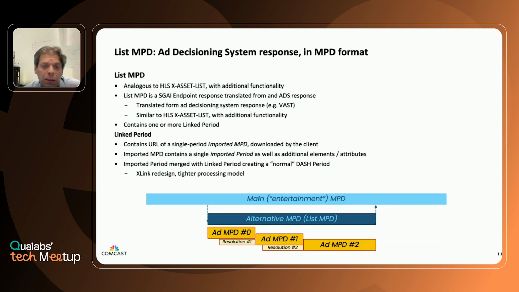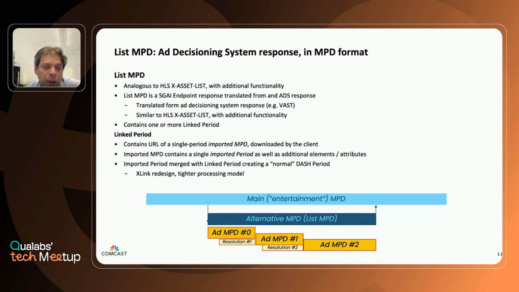The endpoint asks the decisioning system what to play. The decisioning system responds, let's say with VAST, and with a list of things that we need to download, and with beaconing. And list MPD, formally, is an MPD that contains one or more linked periods.